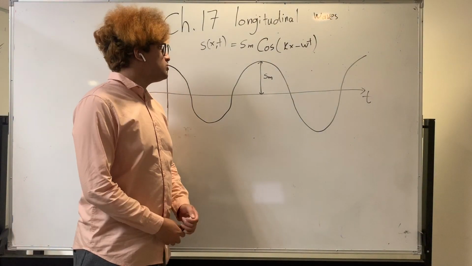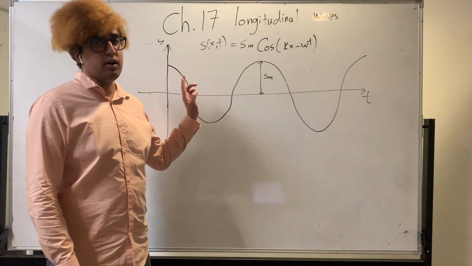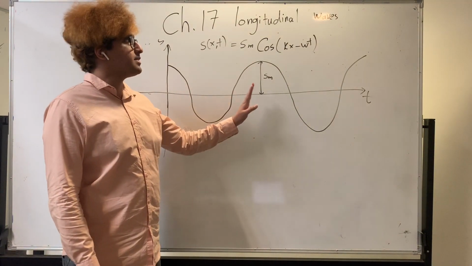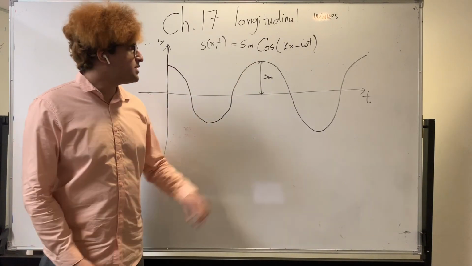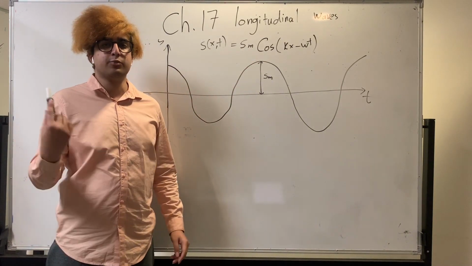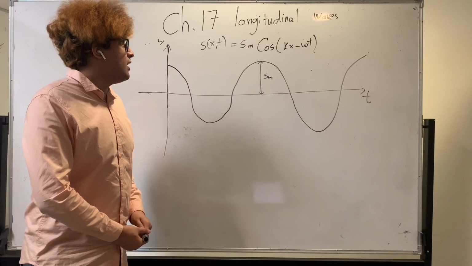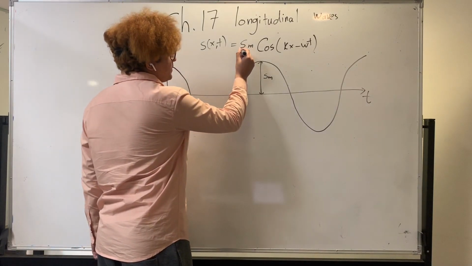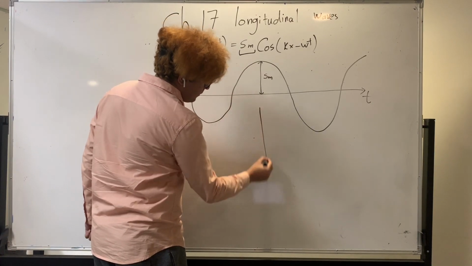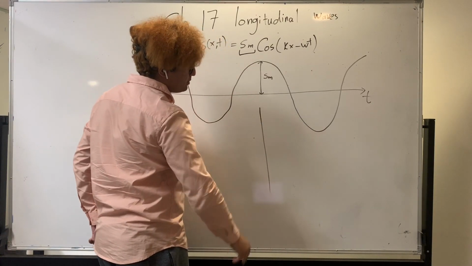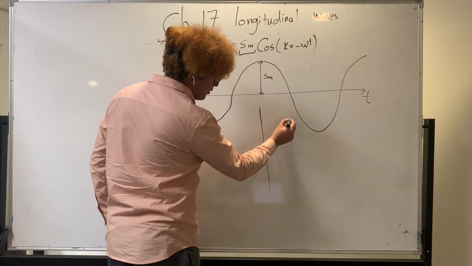Alright, so in order to describe the motion of particles in longitudinal waves, we use a cosine equation. So this is very similar to the equations we learned in chapter 16, except here we have an Sm. So Sm is the maximum displacement. So imagine we have a line, this is the mean position, and we have a particle, okay?